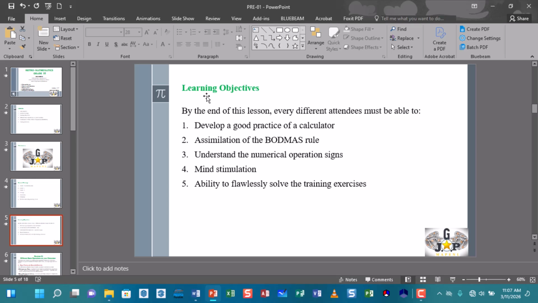And the last point will be the ability to flawlessly solve the training exercises. I'm expecting you, at the end of every lesson that you will be tackling, to be able to solve the training exercises. I'll give it to you first to solve, and I will come back to you with a clear correction.